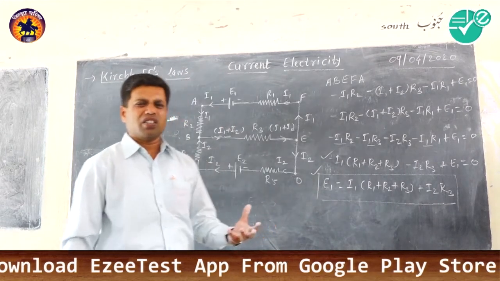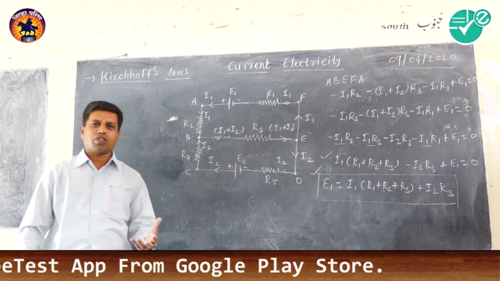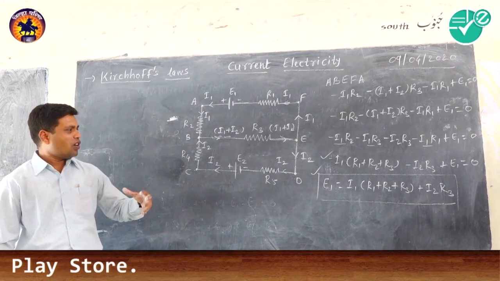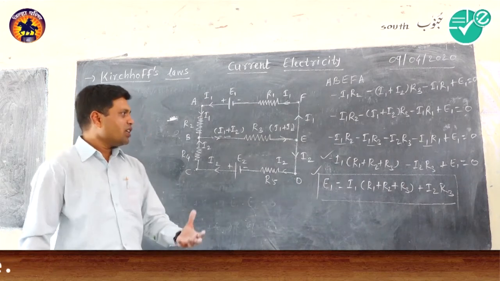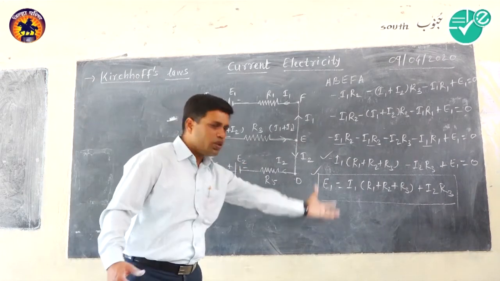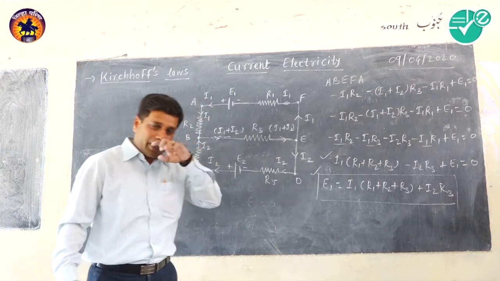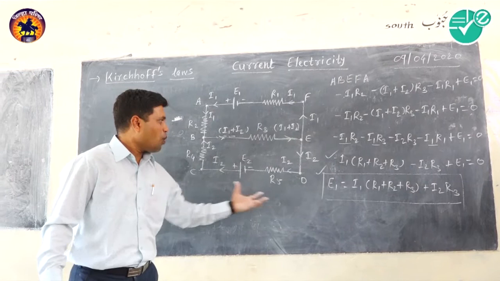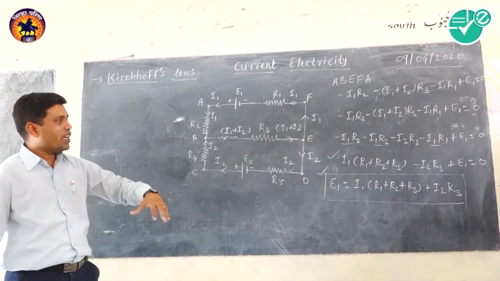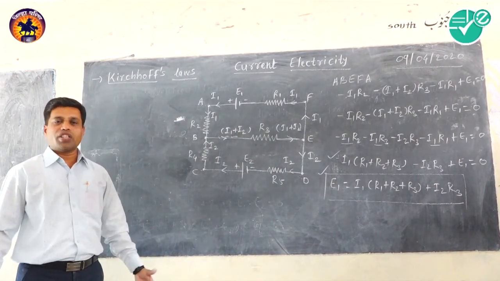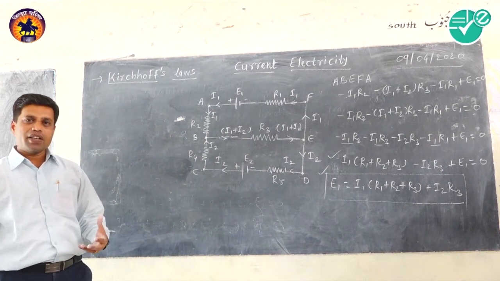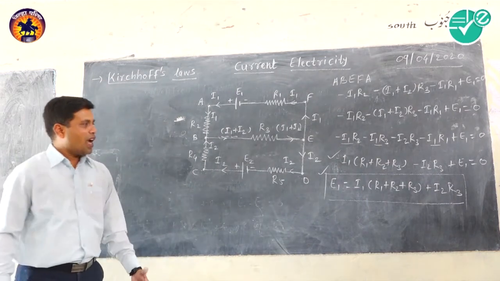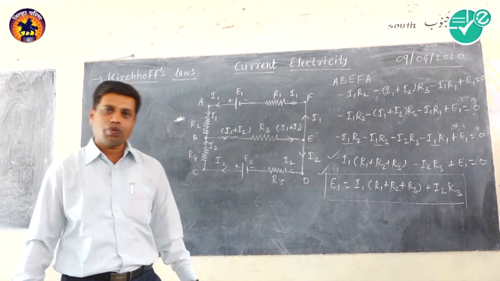But for explaining, you have to just follow these steps. Then even the last student can get the idea about the electric circuit. So I have applied KVL to 2 out of 3 loops, and 1 loop I have left for you. Just try at home, and if you have any difficulty then you can ask me at any time.